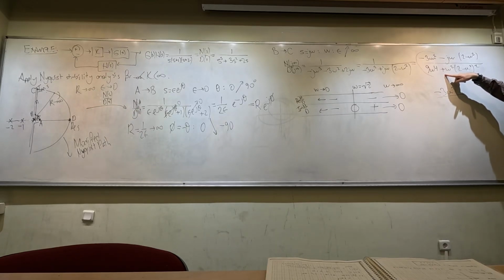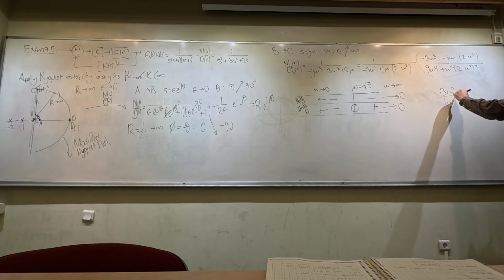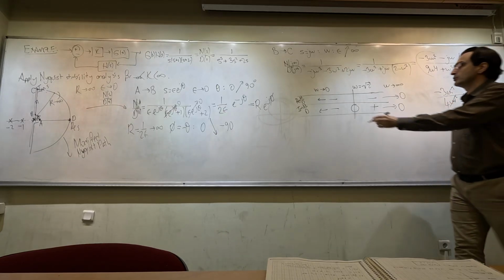Omega squared. Yes, it's omega squared. How many omega squares? 4 omega squares. As omega goes to 0, this thing is going to go to minus 3 over 4.